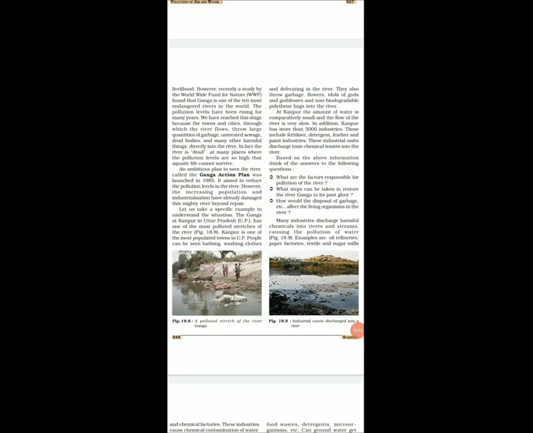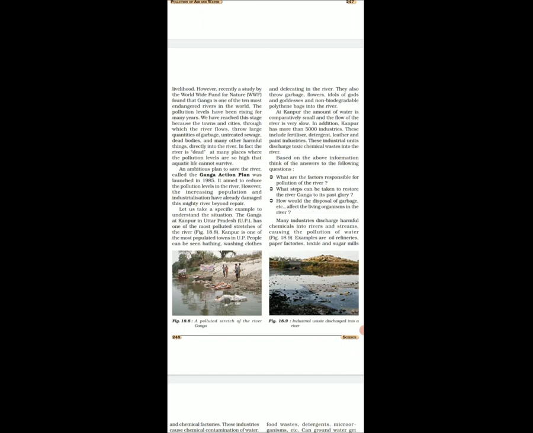At Kanpur, the amount of water is comparatively small and the flow of the river is very slow. In addition, Kanpur has many industries, including factories, leather and paint industries. These industrial units discard toxic chemical waste into the river.